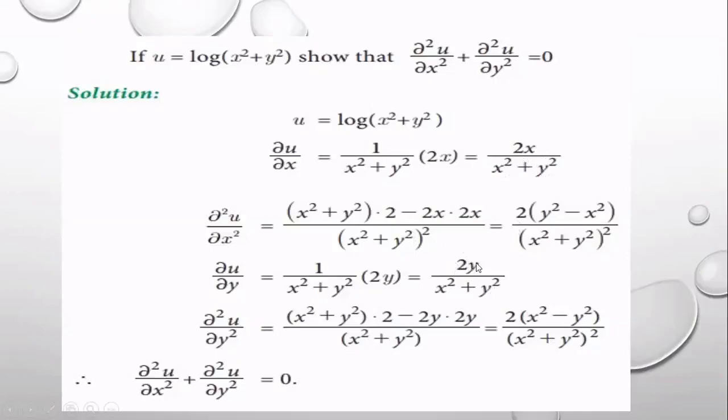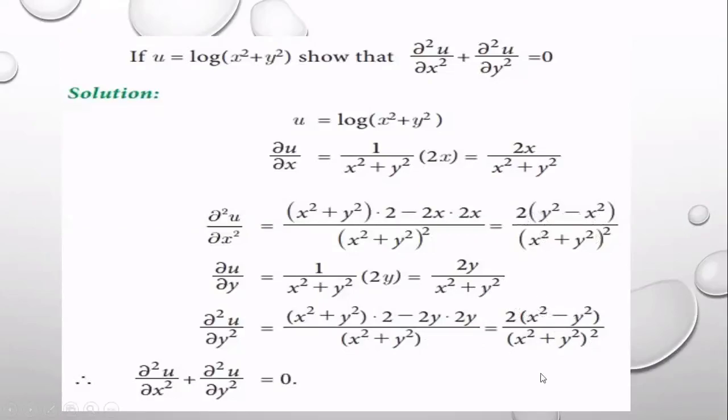Then these second derivatives, both second derivatives should sum to 0. You want to prove that. So the second derivative is very easy. If this is x square plus y square, 2 times, you do it this way. So if you do, you see 2 into y square minus x square.